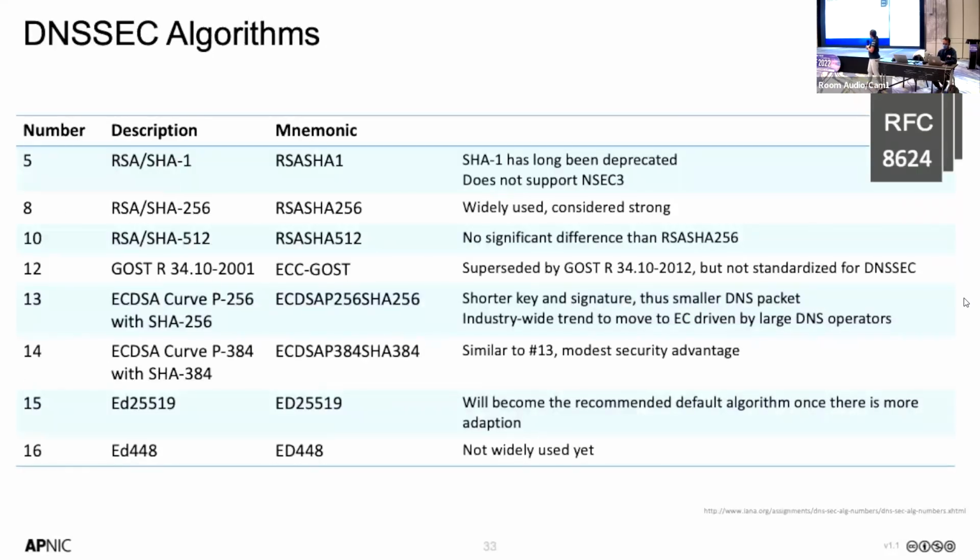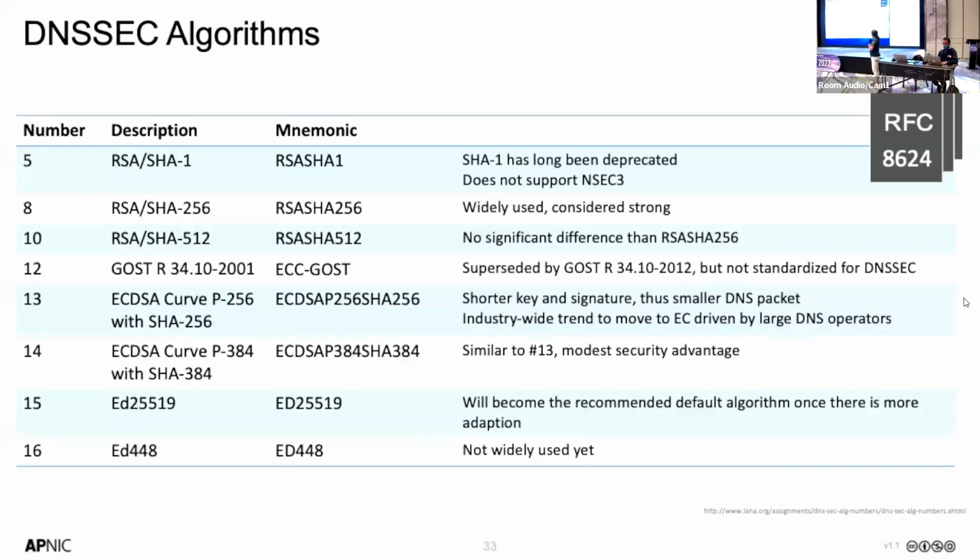Now, these are the different DNSSEC algorithms. There are quite a few there. Most of what I've put there are still used, or possible to use. The complete list is on the IANA website. The link is somewhere down below. Which ones should you use and which ones should you not use?